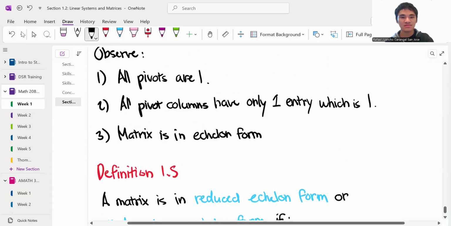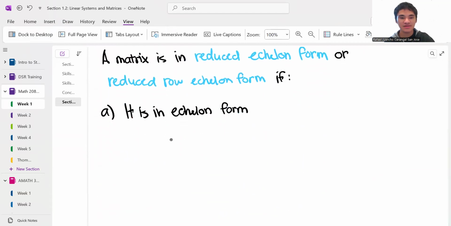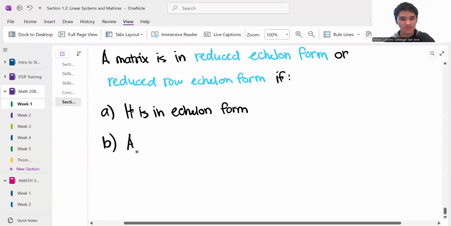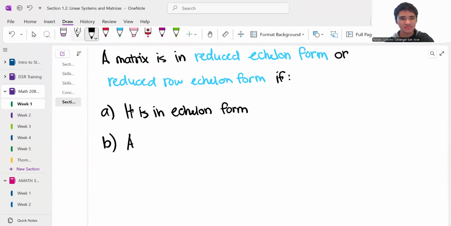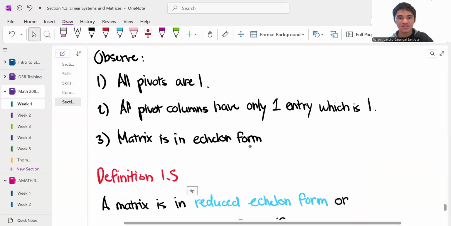That checks out the third observation that we have. The second property: all pivot positions contain a 1. So this property here is very similar to this thing.